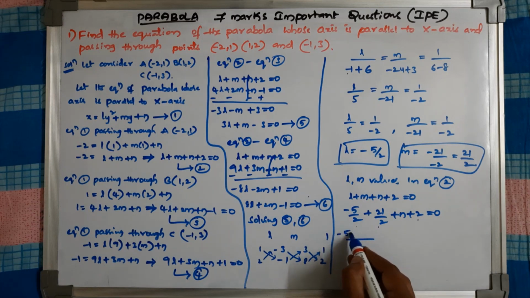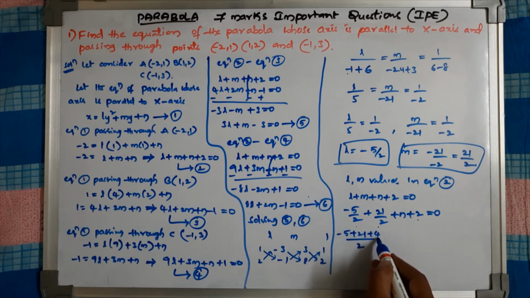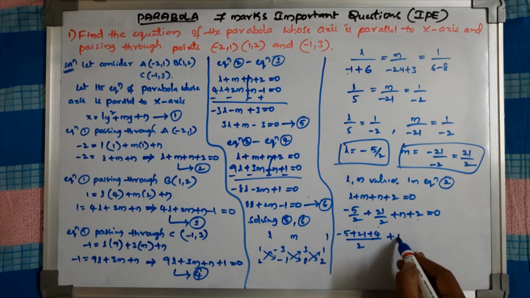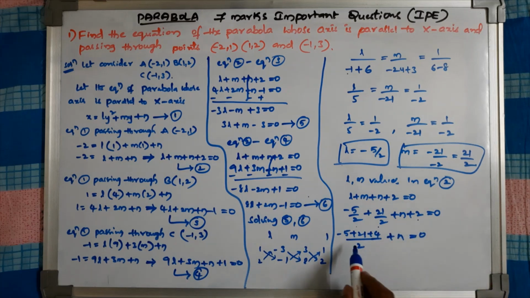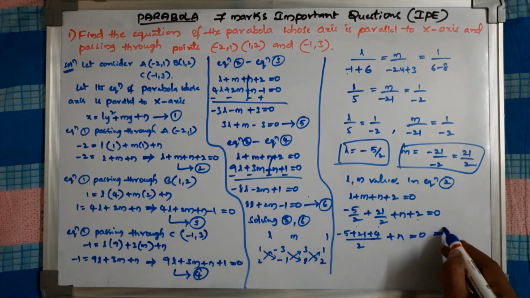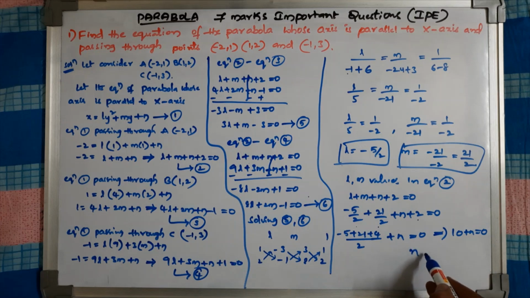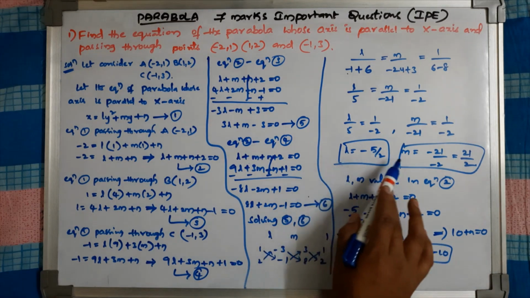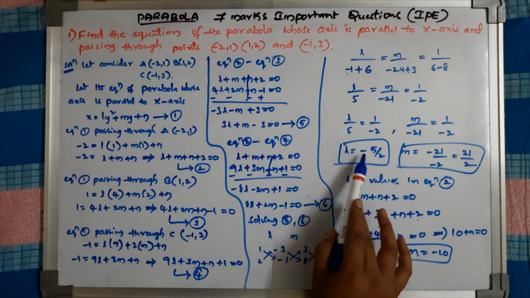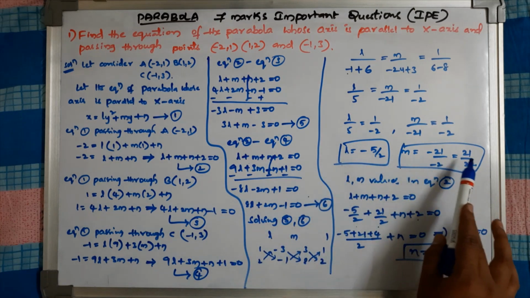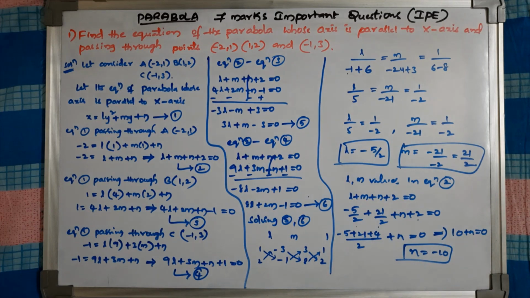Minus 5 plus 21 plus 4 plus n is equal to 0. What we get? 25 minus 5, 20 by 2, that is 10. 10 plus n is equal to 0. N is equal to minus 10. So the values of L, M, N are: L value is minus 5 by 2, M value is 21 by 2, N value is minus 10.